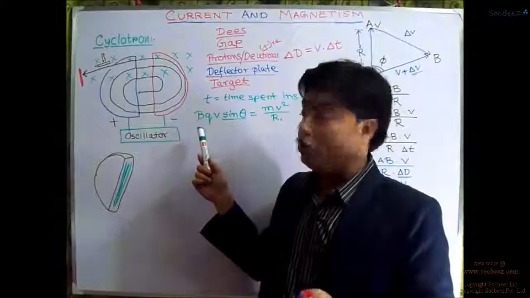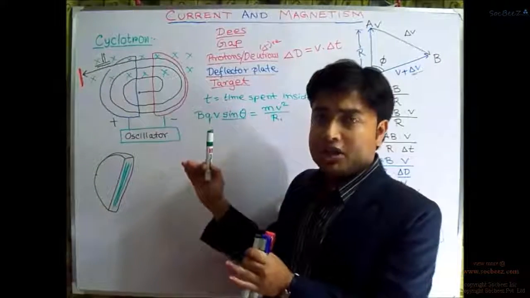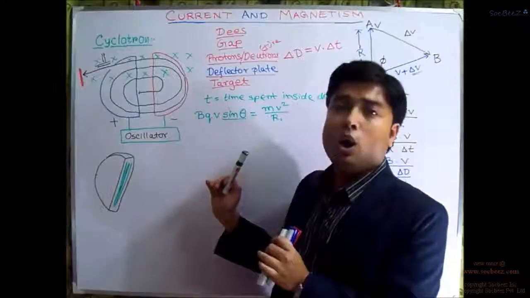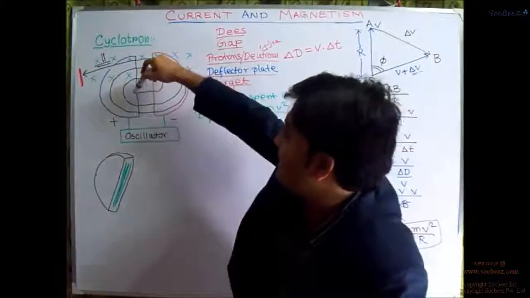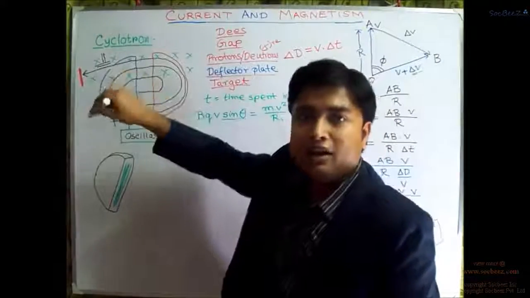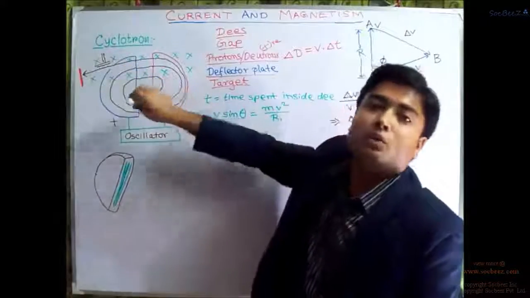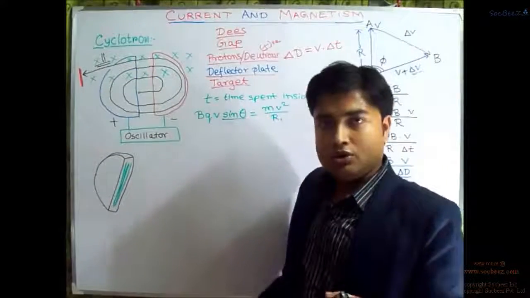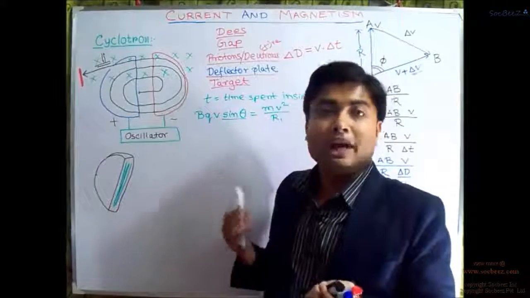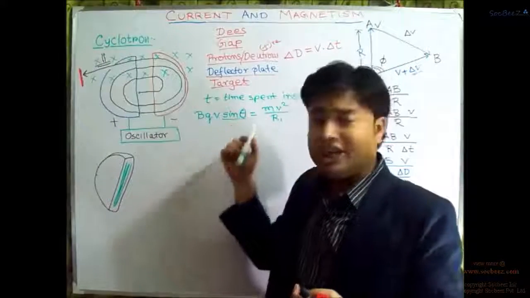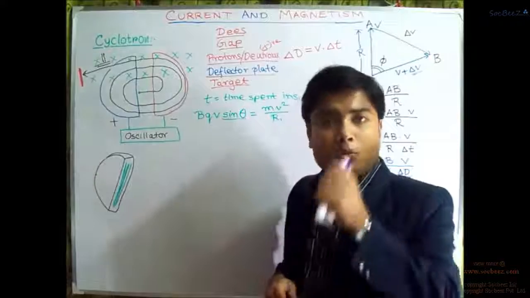If you could recall, that was Q, the charge, multiplied by the cross product of V and B. Now the velocity is in this direction, in this plane, but the B is just perpendicular to the plane. So the angle between V and B is simply equal to 90 degrees. So sine of 90, or sine of pi by 2, will simply be equal to 1.